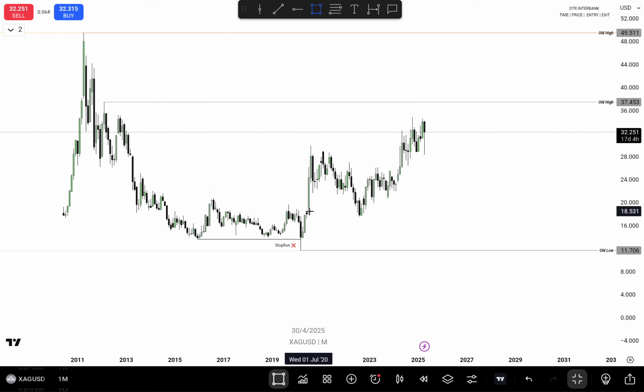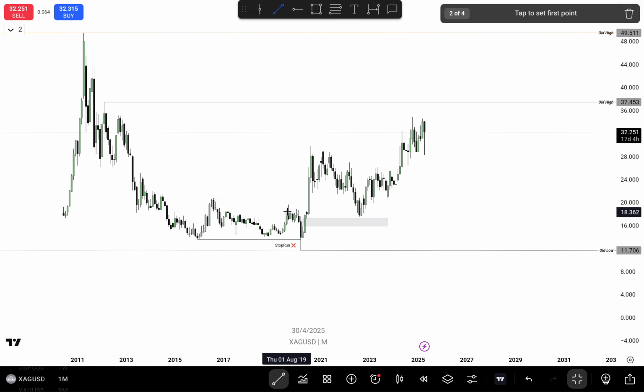What do we have here? We have a fair value gap right there. Price didn't quite touch it, but look what we have here. This down close candle.